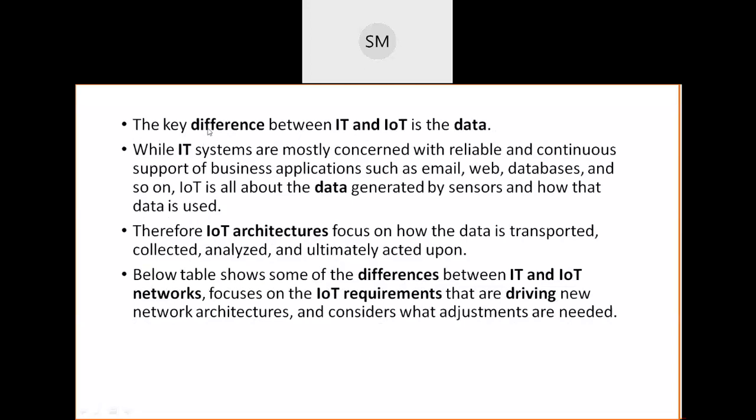The main key difference between IT and OT is the data. As I just told you, IT systems are mostly concerned with the reliable and continuous support of business applications such as email, web, and databases, while IoT is all about data generated by sensors. IT focuses on secured transmission of data, but IoT is about huge amounts of data generated by sensors, how that data is stored, how it is used, and by whom.